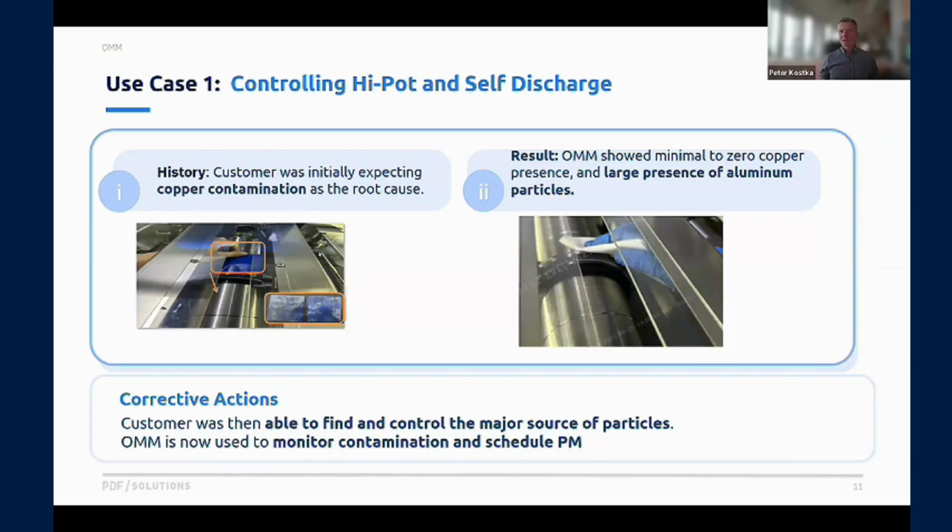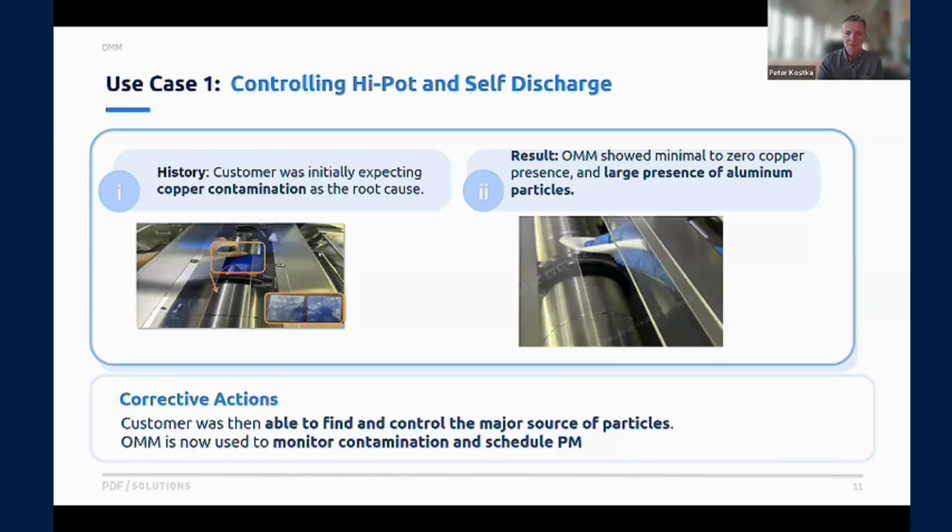Sure enough, aluminum contamination, and then they implemented basically preventive maintenance, which is periodic cleaning, with the idea that a system like ours would tell them, is this the one and only source, and has this been effective, and how often do you need to stop the line, and how well do you need to clean this thing in order to make sure that your particle counts are way down.